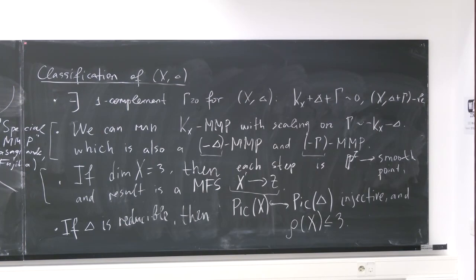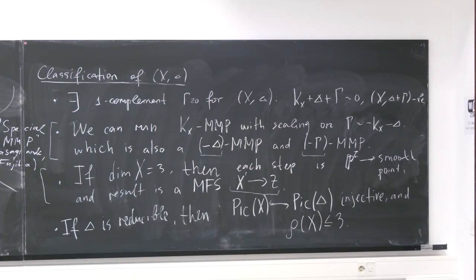So let me state the precise thing. Almost always we have a unique way to get to one of such cases, because almost always this MMP gives you just one possibility to contract an extremal ray.